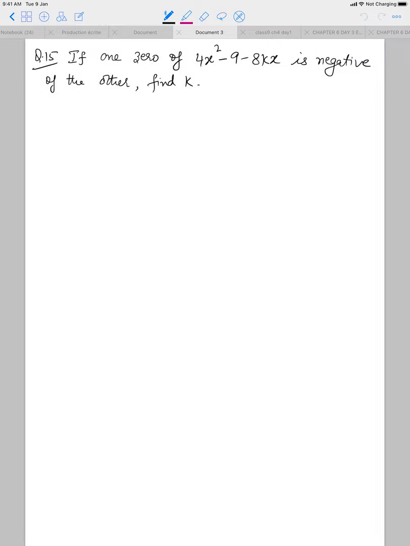Next, question number 15 is, if one zero of the given polynomial is the negative of the other, find the value of k. The very important thing in these questions is to first write down the polynomial in its standard form. Right now it is not in the standard form because first of all we should have the highest degree term, that is x square.